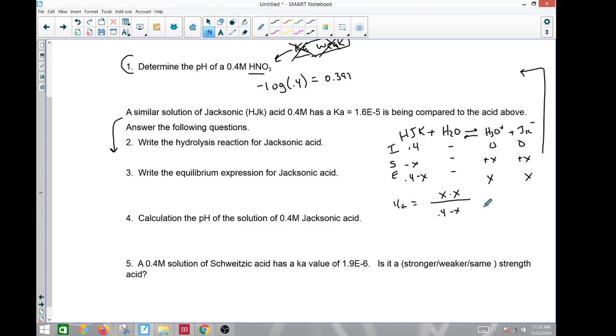I'm going to utilize my shortcut rule here, so the Ka is 1.6 e to the negative fifth equals x squared over 0.4. Multiply by 0.4, square root, and what does x equal?